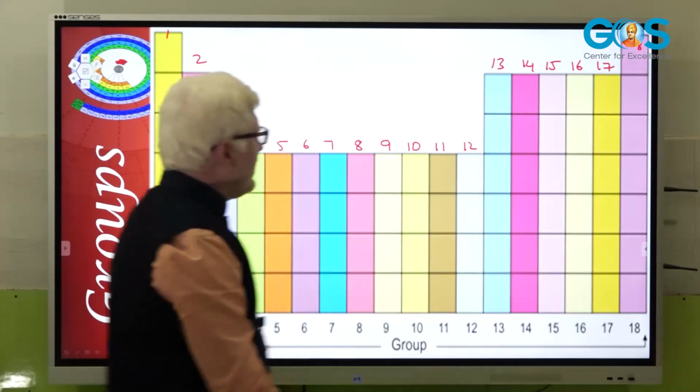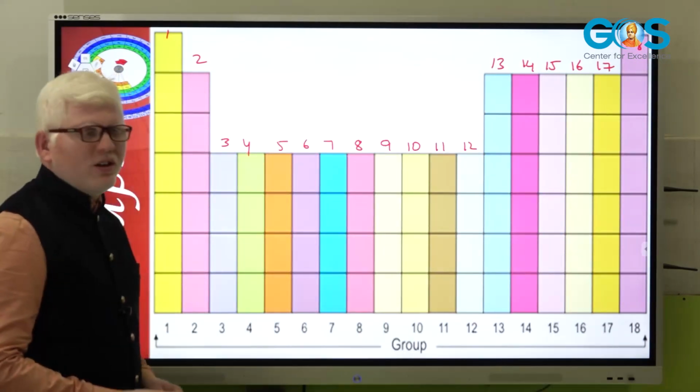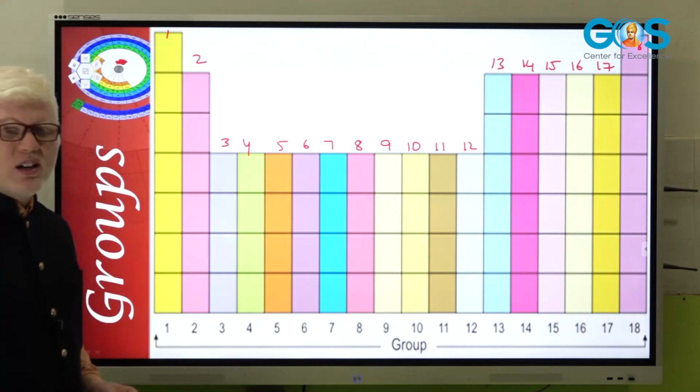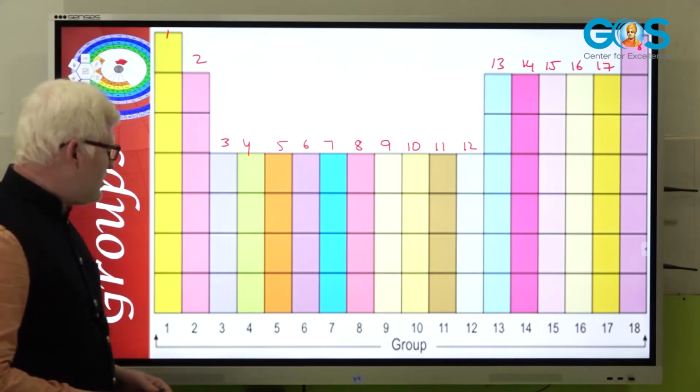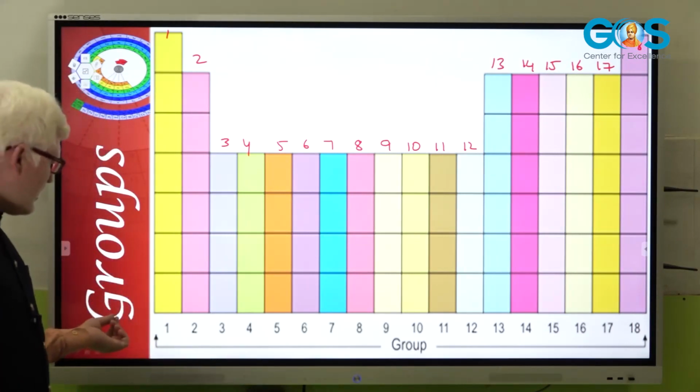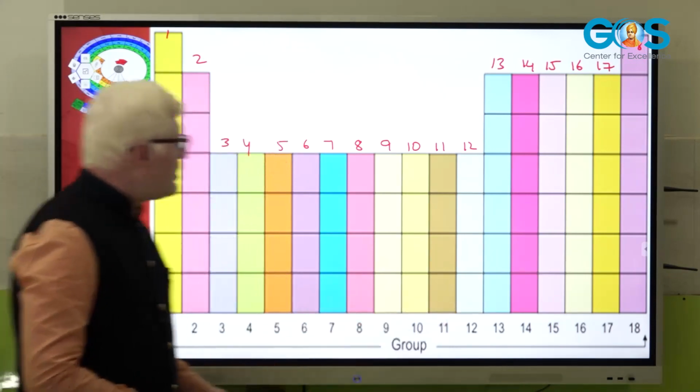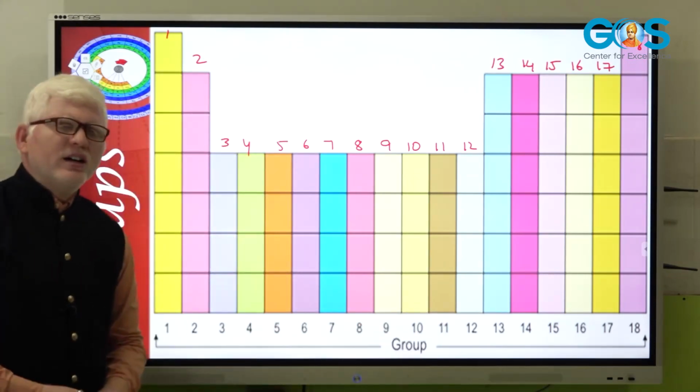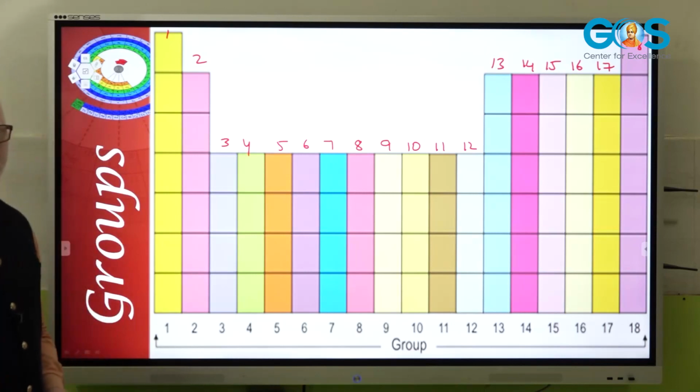In total there are 18 groups in the periodic table. How many groups are there in the periodic table, my dear students? 18 groups. The numbering is given here itself.